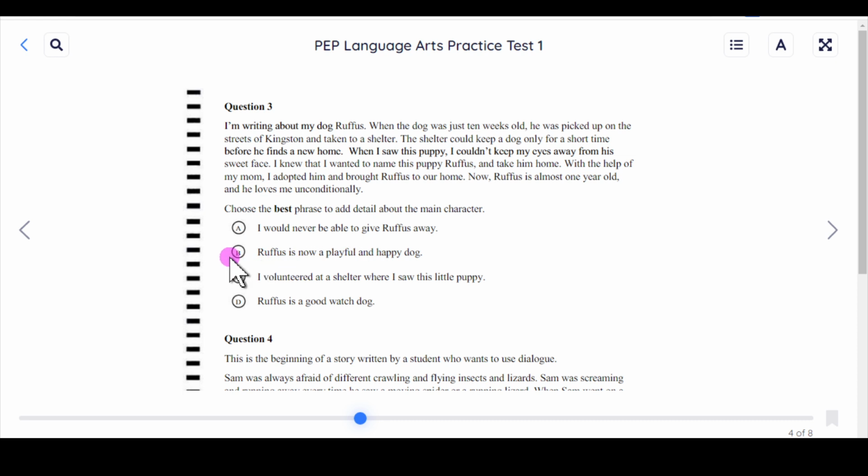Based on my experience, if you have a dog that loves you, they always want to play with you, and so on. And if he was adopted and has found a new home, he should now be happy. So I'm going to take B for this one. Rufus is now a playful and happy dog. Right?